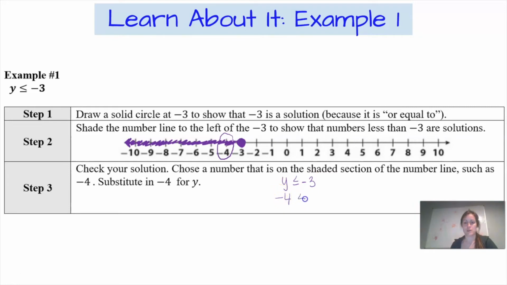So -4 is less than or equal to -3. And I'm going to read this statement one more time to myself to make sure that it's a true statement. -4 is less than or equal to -3. That's true. -4 is less than -3. So this tells me that I have correctly graphed this inequality statement on the number line.